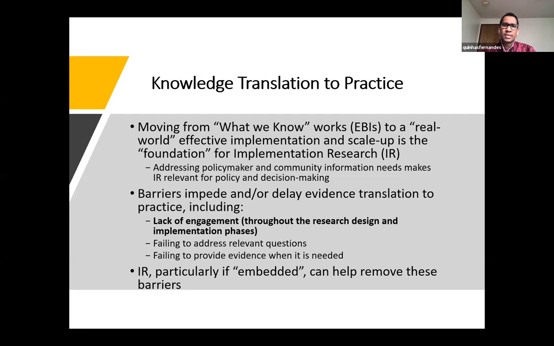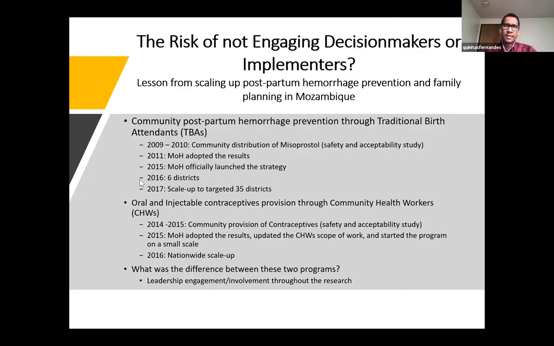Other barriers are failing to address relevant policy questions, or failing to disseminate evidence in a timely manner. I believe that implementation research is essential because it consistently addresses these barriers. Next slide. Let me now share with you two practical examples.